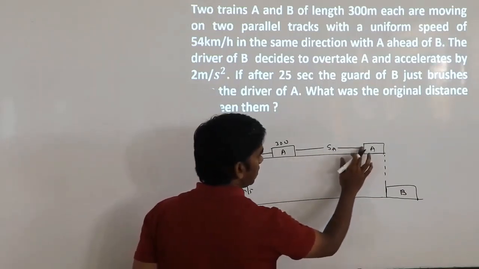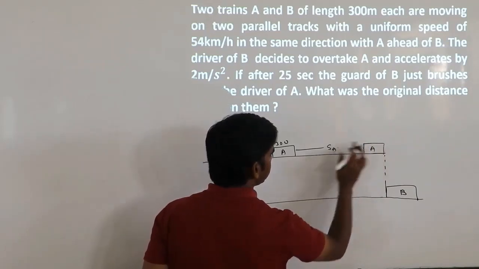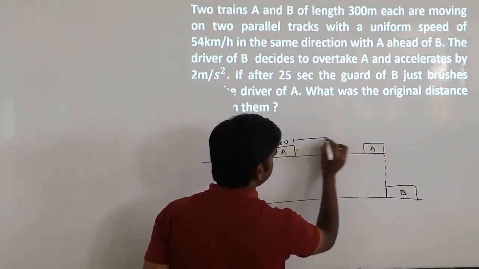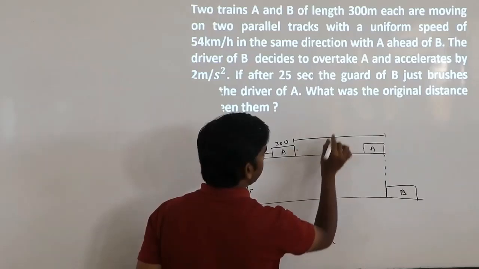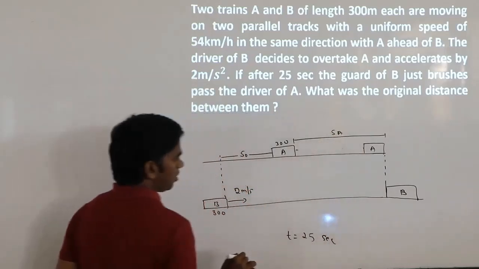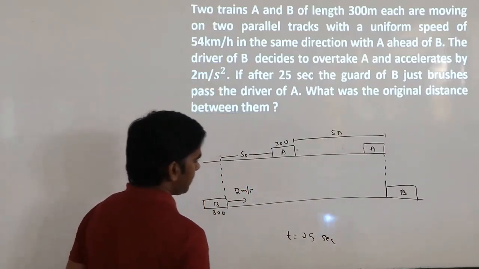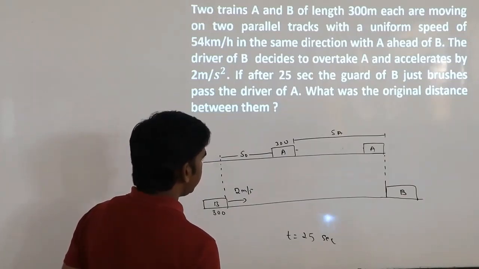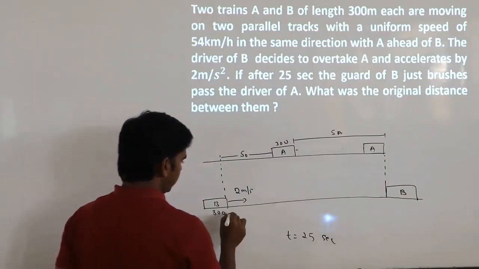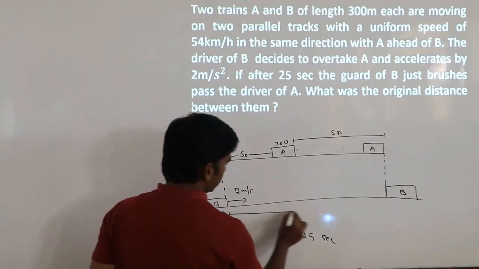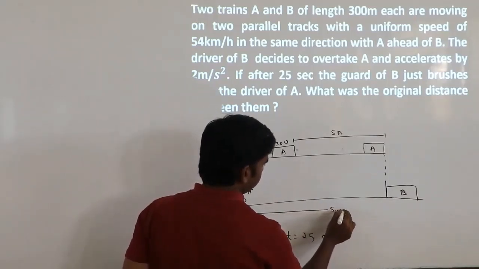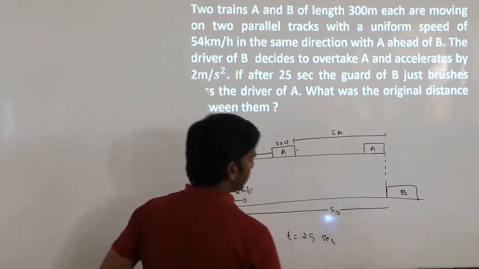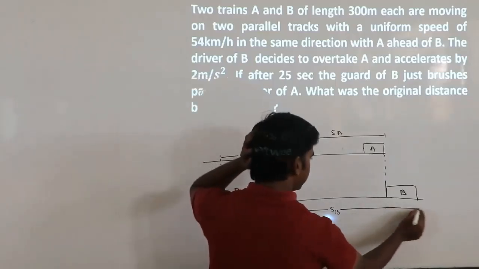It is not till here, it will be till this point, end to end, from here to here. This is SA. What about SB? We have to take SB from here to here, till this point.